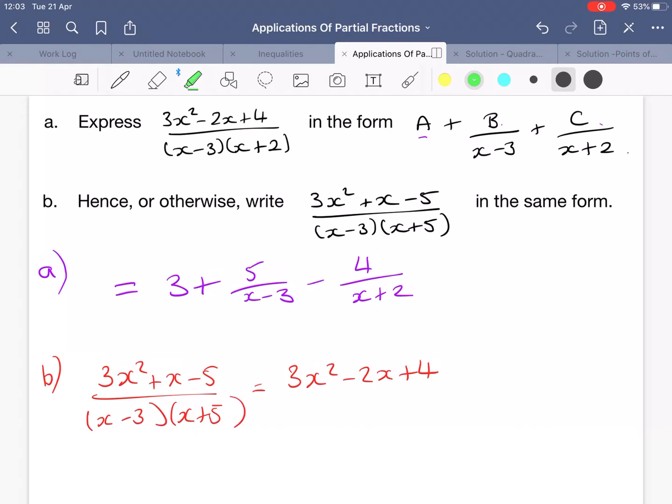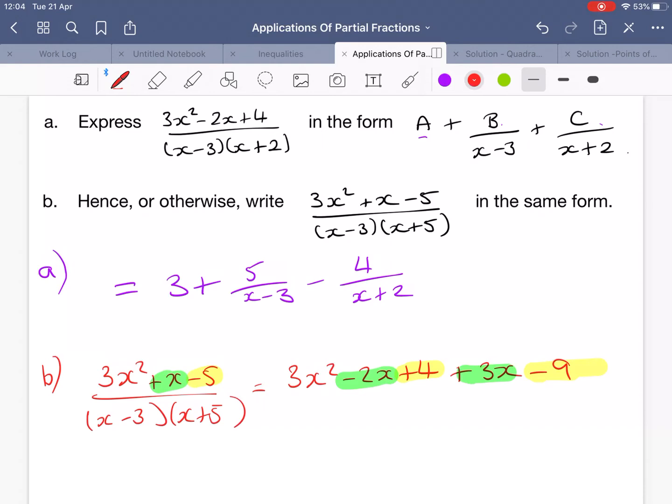Now I need a plus x. I've got minus 2x, so to make that plus x I need to add 3 x's, because 3x take away 2x makes plus x. Again, I've got to make this minus 5. I've got a plus 4, so what do I need here to make it minus 5? I need to do a take away 9.